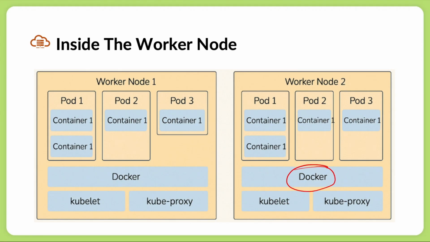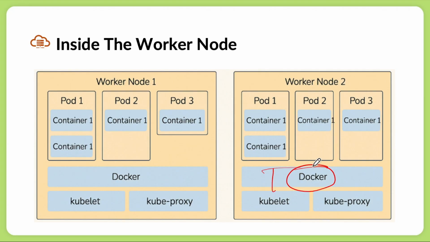So this is not really Docker, this is basically the container runtime, and this is where our actual containers run. Docker we already know, it is used to create containers, and we can also use containerd. Kubernetes also uses containerd. Containerd is the new and lightweight alternative, and it also works.